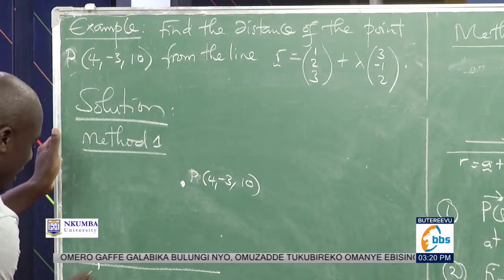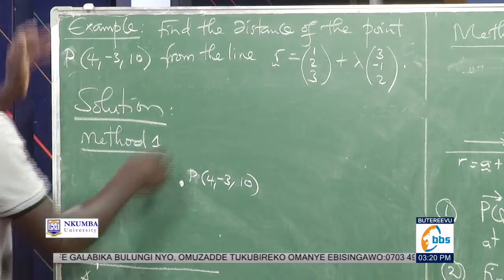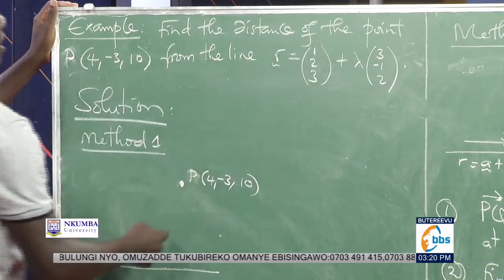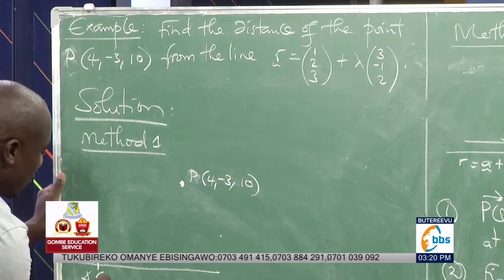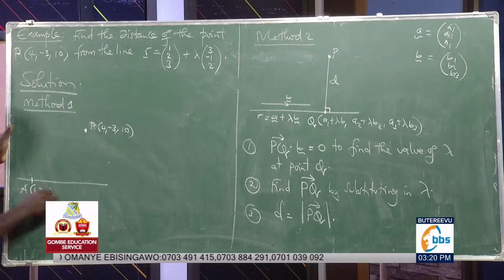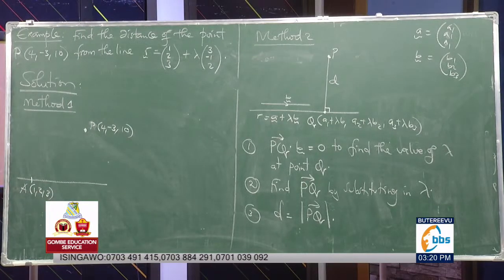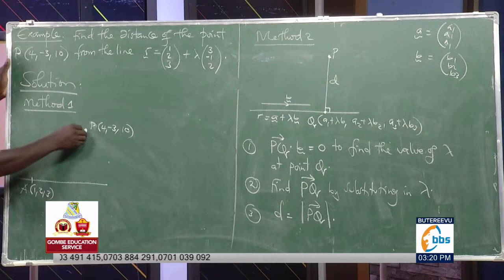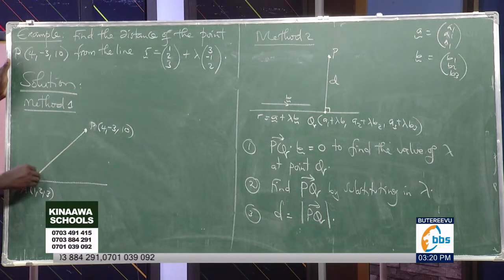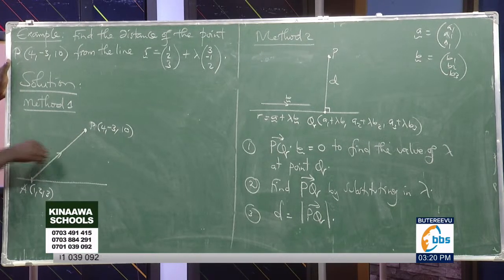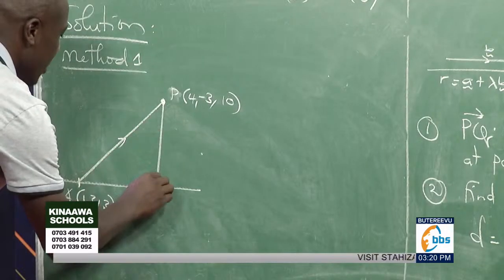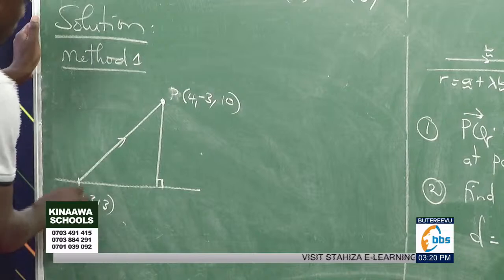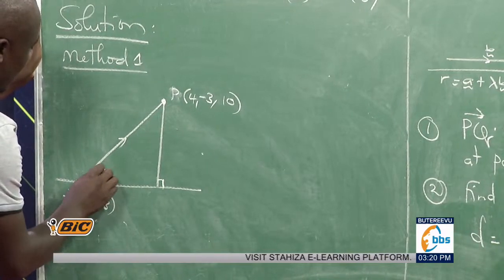We have our point A here, a point on the line, and this is the position vector of the point on the line, which is (1, 2, 3). And so we have the vector AP. What we are actually looking for is this distance here, but we are first of all going to have to find that angle.